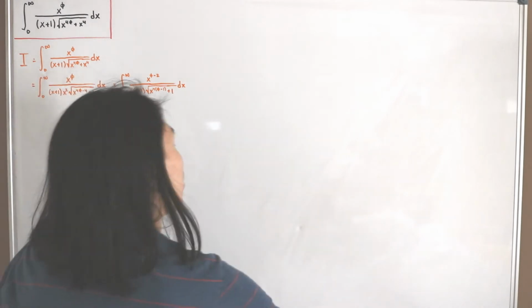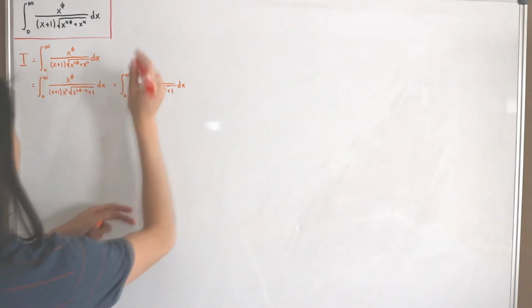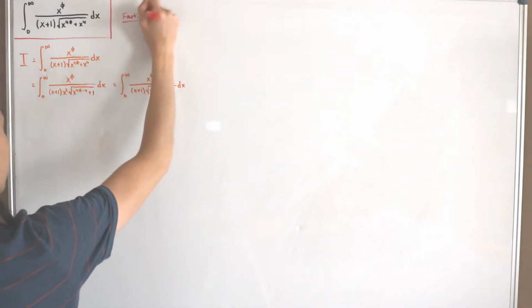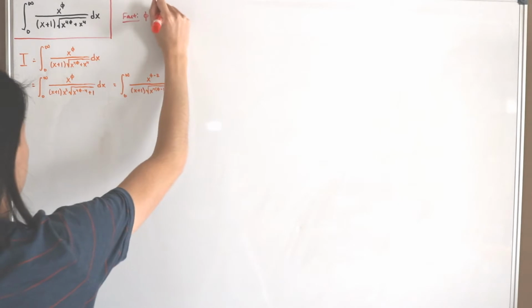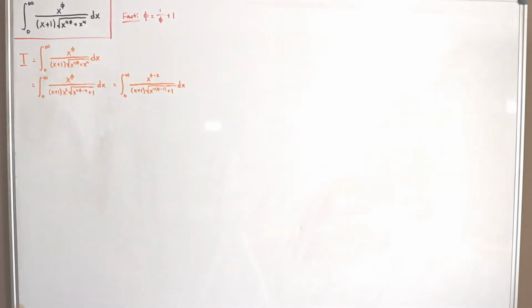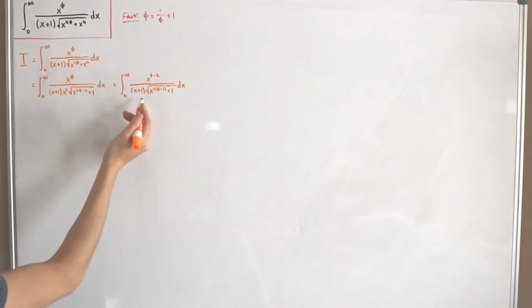Now I'll use a fact from the golden ratio property: phi is equal to its reciprocal, 1 over phi, plus 1. We use that to manipulate some things, so I can substitute this fact back into the integral.